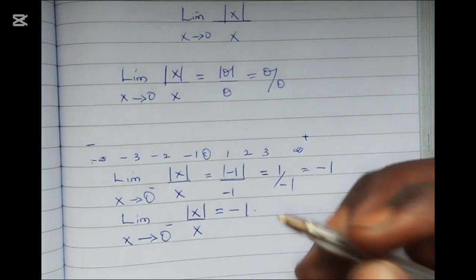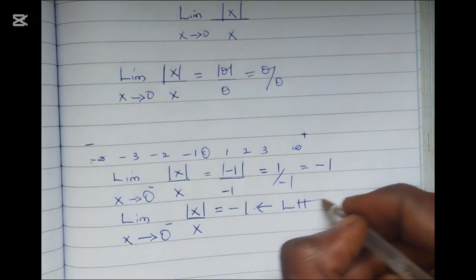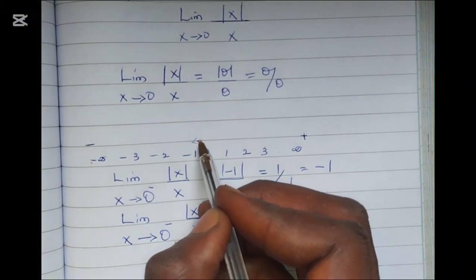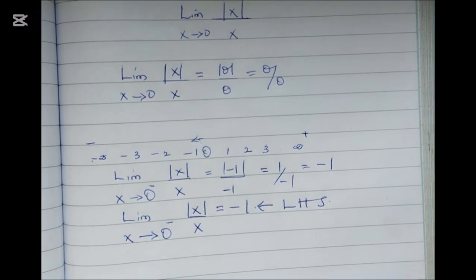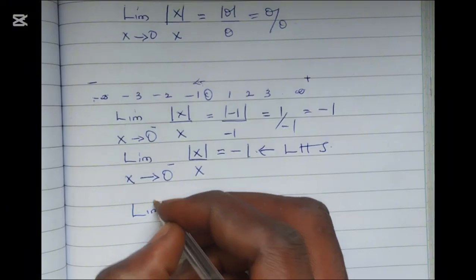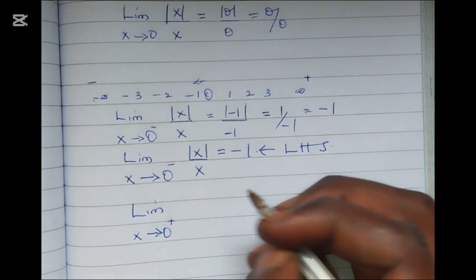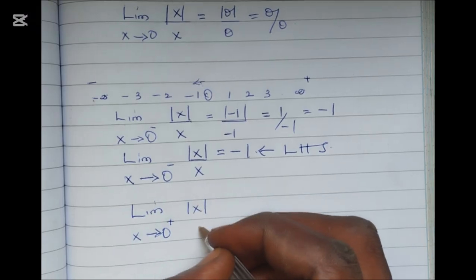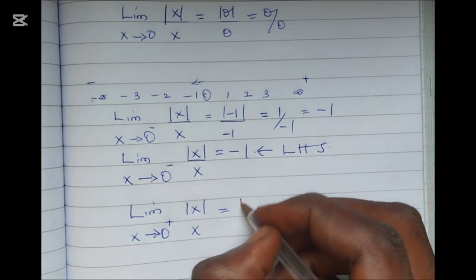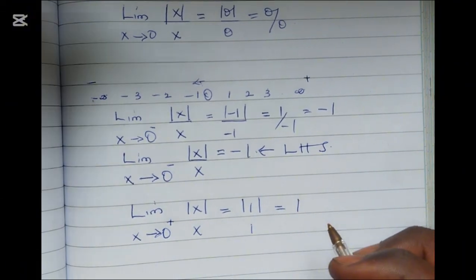Now let's check the right hand side too. The left hand side result came from picking a number to the left of 0, so let's check the right hand side now. The limit as x goes to 0 from the right hand side of that function is, let's pick 1 as well. 1 over 1 gives us 1.